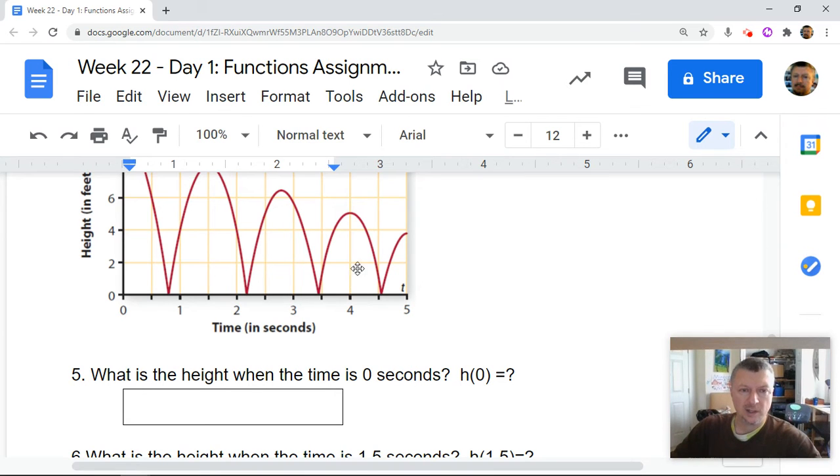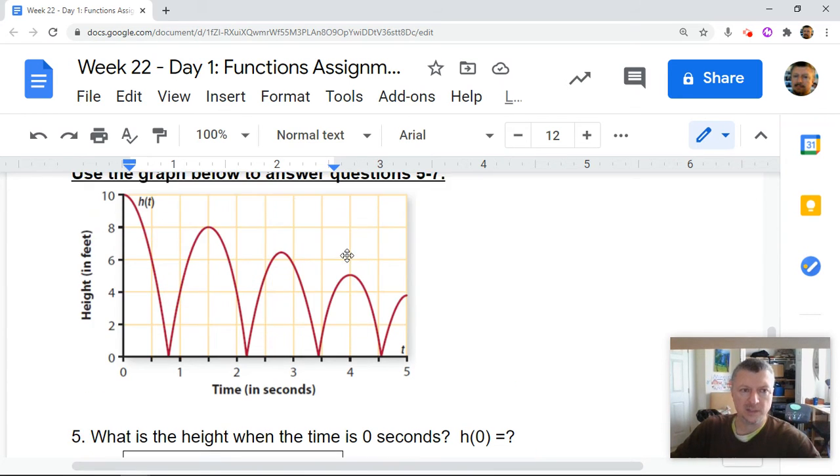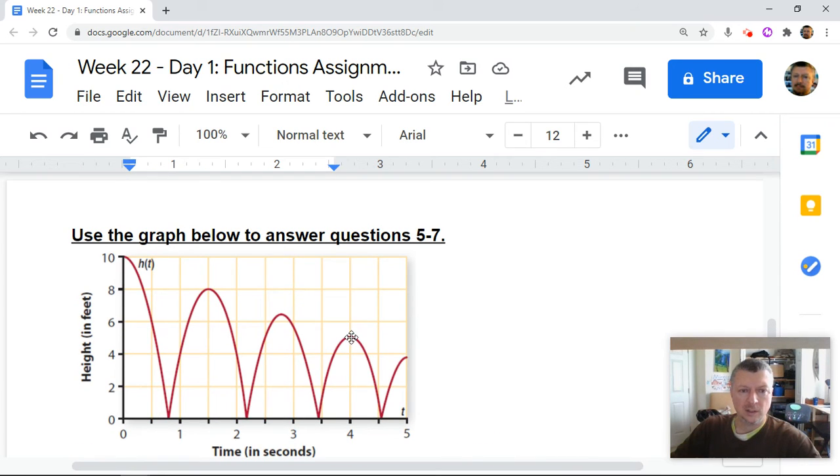There's 4 seconds. How high is, let's say it's a ball? It's right in the middle of these two lines. Now, these two lines are 4 and 6. What's halfway between 4 and 6? It would be 5. So that's about 5. If you said like 4.9, that would have been fine. But don't say 11 because it's definitely around 5.